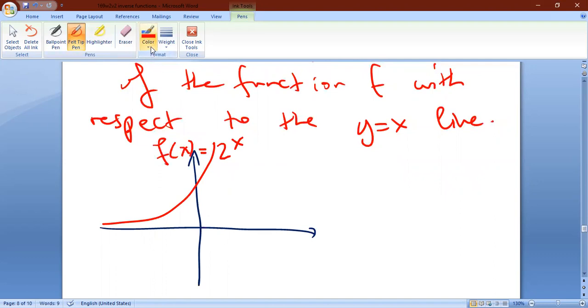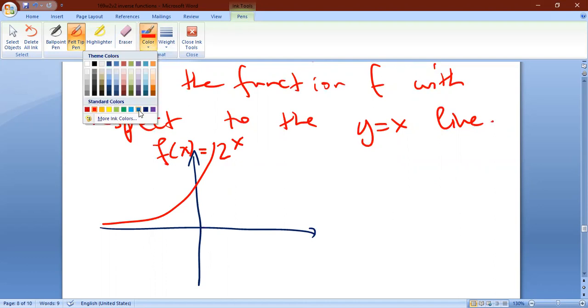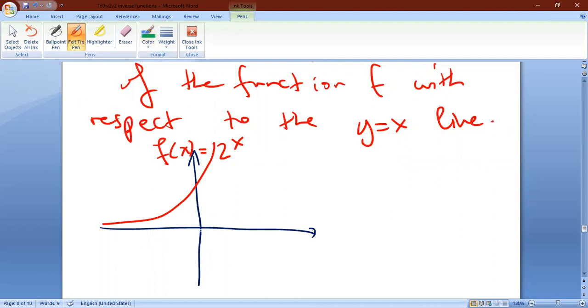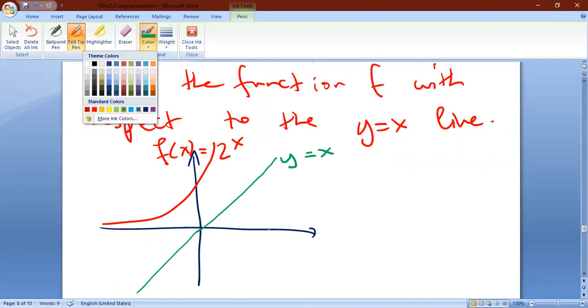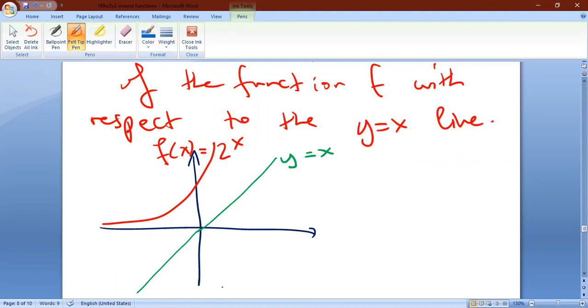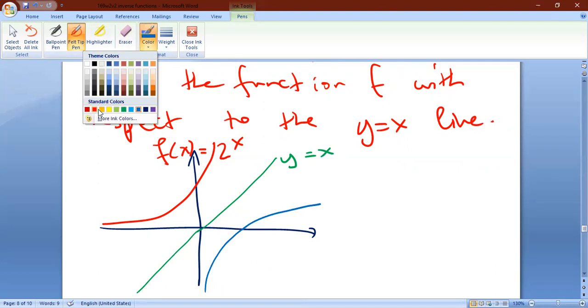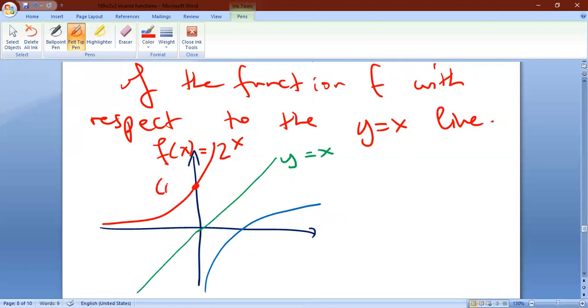Well, the inverse of the 2 to the x function: if we first draw the y equals x line, remember, the y equals x line looks like this. The inverse of this function is going to go this way. If you give x equals 0, 2 to the 0 will be 1.